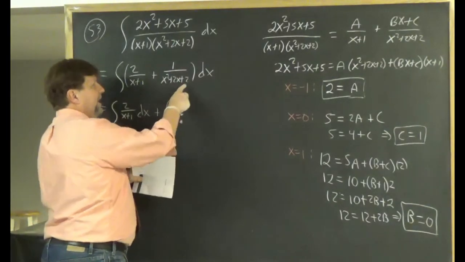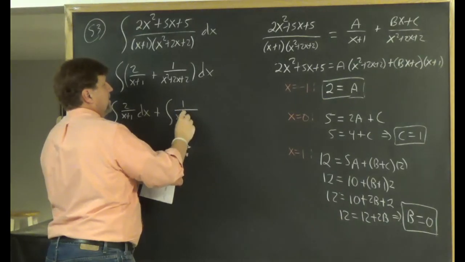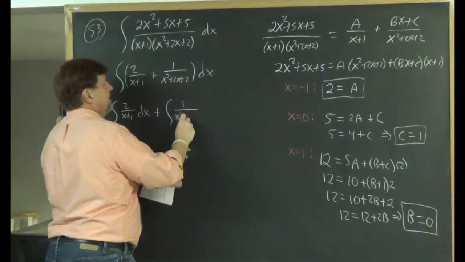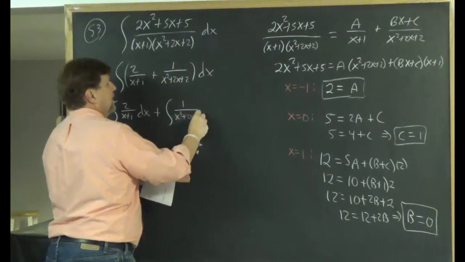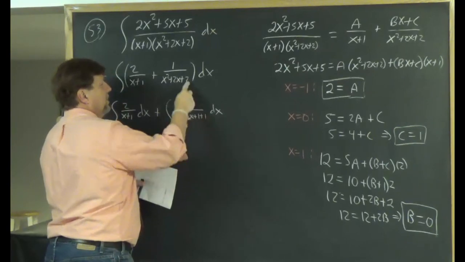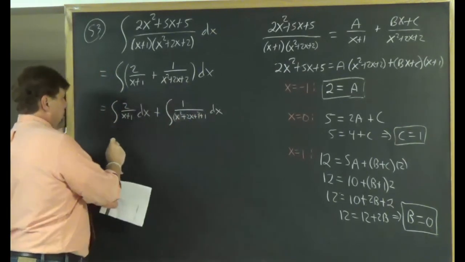It's an old technique. I'm going to rewrite this as x squared plus 2x plus 1 plus 1. 1 plus 1 is 2. I can put those together in a group. It's a perfect square.